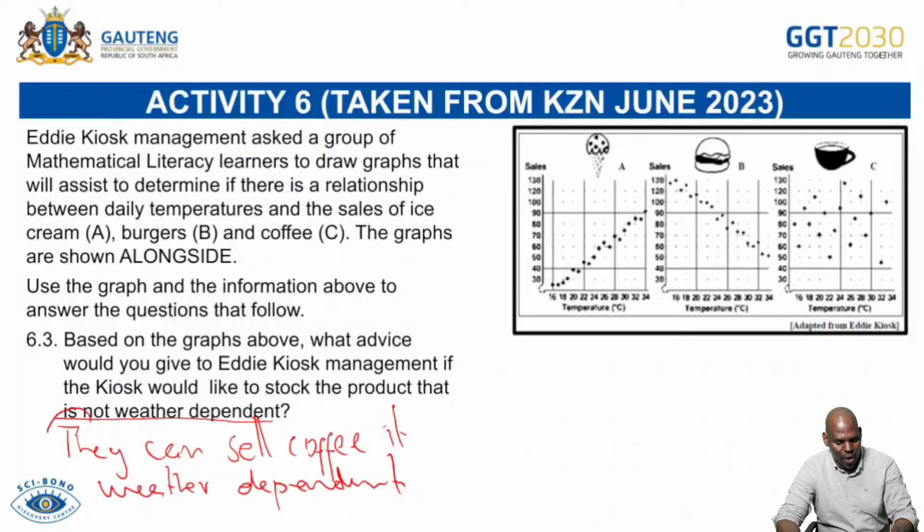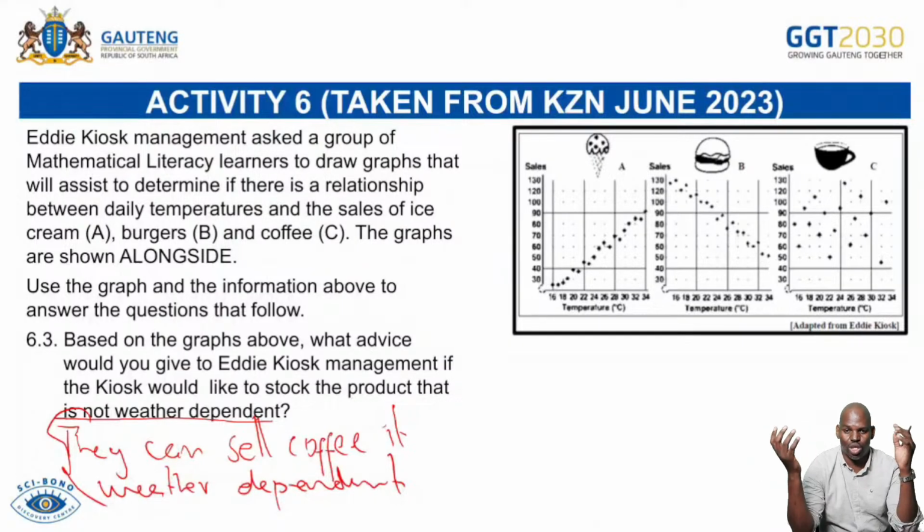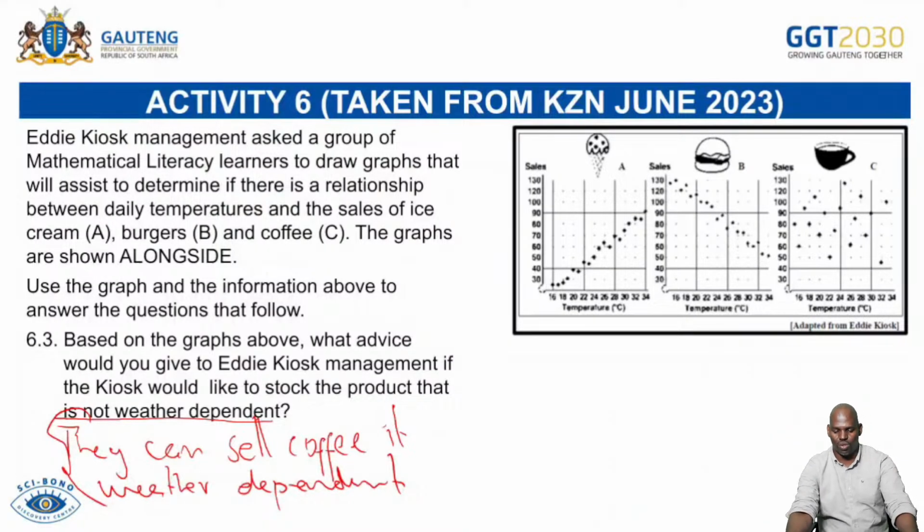That means whether it's hot or cold, people will still buy coffee. Even though most of us think that when it's cold, that is where the sales of coffee go fast, generally we know that even if it's hot, people will still drink coffee.